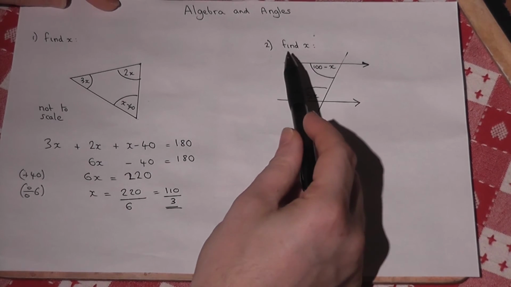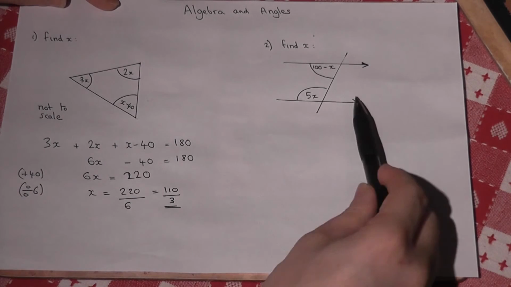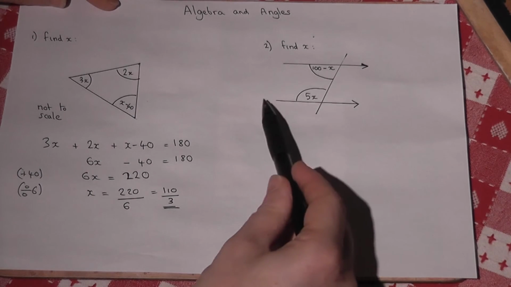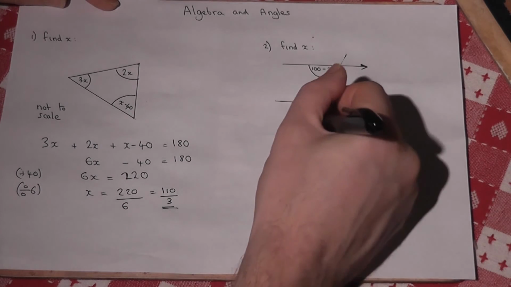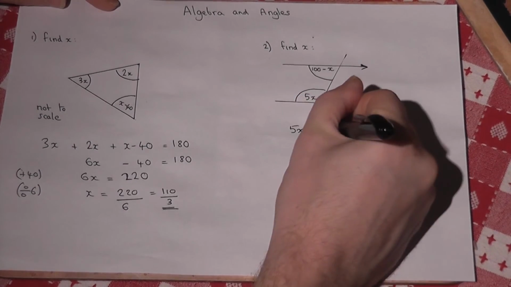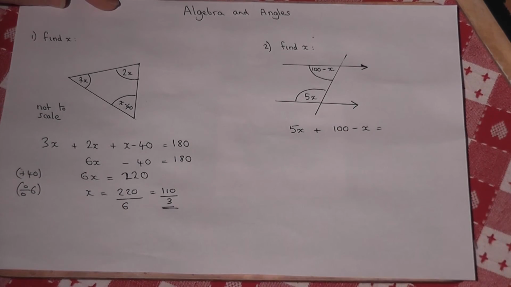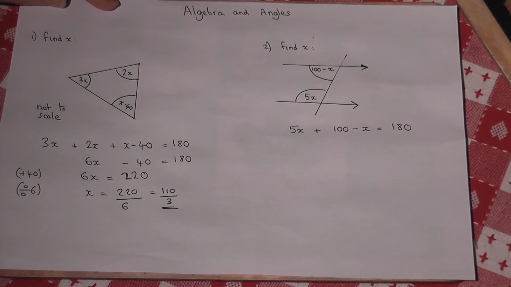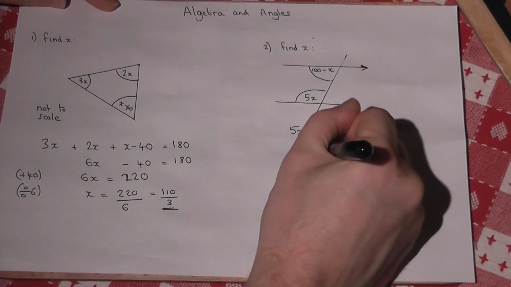In the second example, we have two parallel lines, hence the arrows. Now when you have two parallel lines, the angles contained therein add to make 180. So 5x plus 100 minus x must equal 180. This can be made simpler. 5x take away x is 4x.